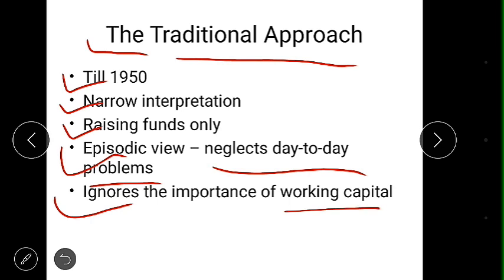Now what is working capital? Working capital is equal to current assets minus current liability, which is also called net current assets. The traditional approach somewhere ignores the importance of working capital. As you can see, it neglects the day-to-day problems as well as ignores the importance of working capital.